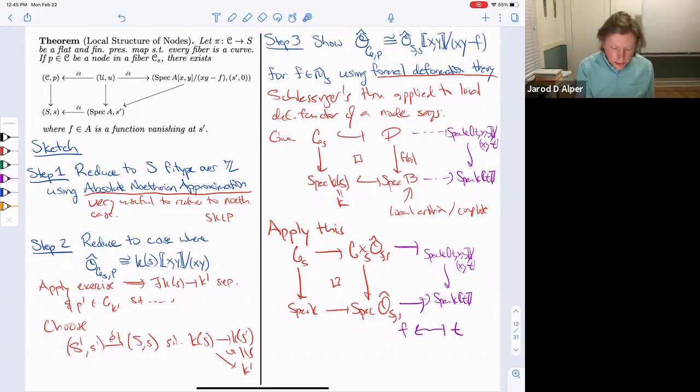And the completion of this at this point is identified with the completion here. So this completes the third step. So it essentially follows from Schlesinger's theorem, which we have not covered, but that's a nice topic that deserves some attention, but we can't cover everything.